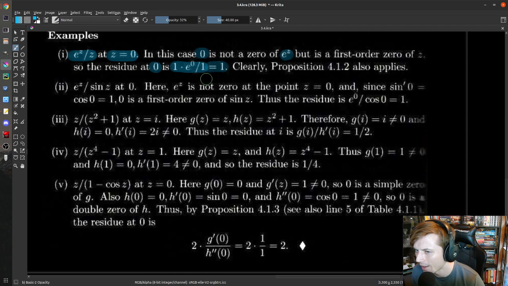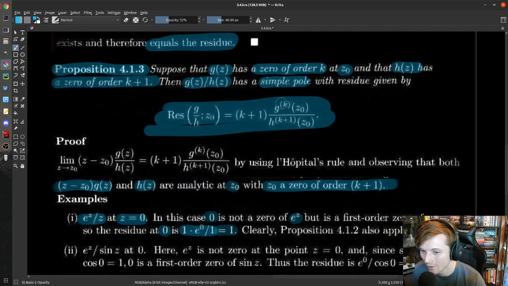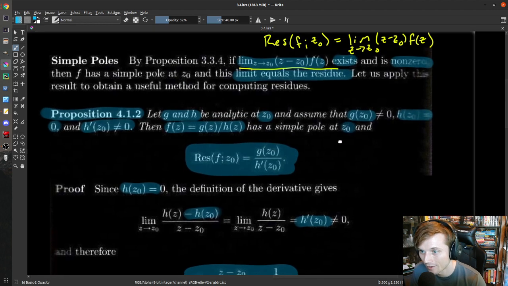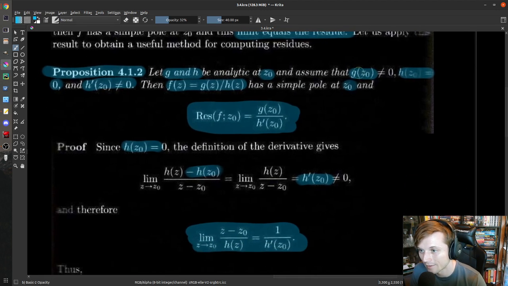Wait a second. How are we getting there? Well, e to the z over z. So here, top function, non-zero. Bottom function is 0. Derivative of bottom function evaluated at the point is not equal to 0. Right?